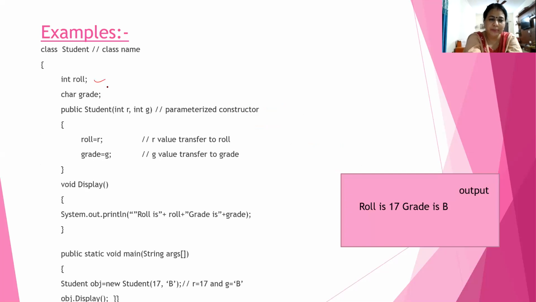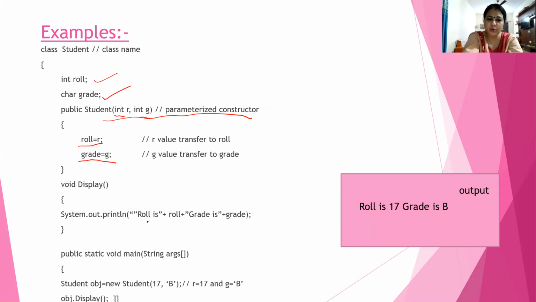Now you see here roll number and grade, two instance variables. Now two arguments, int r and int g, are the arguments we have mentioned, and the r value will be initialized to the roll number, and the g value will be initialized to the grade. The r value is transferred to the roll number and the g value is transferred to the grade. What type of constructor is this? That is the parameterized constructor.